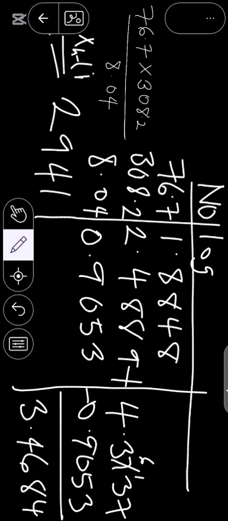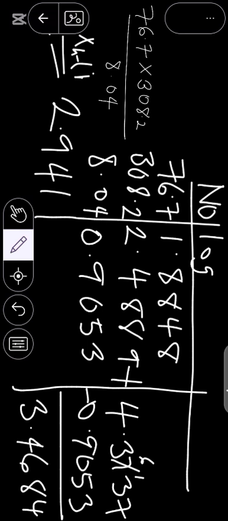But I told you in the last video and the class that you must always add the decimal point here after finding your antilog. Listen and listen again.